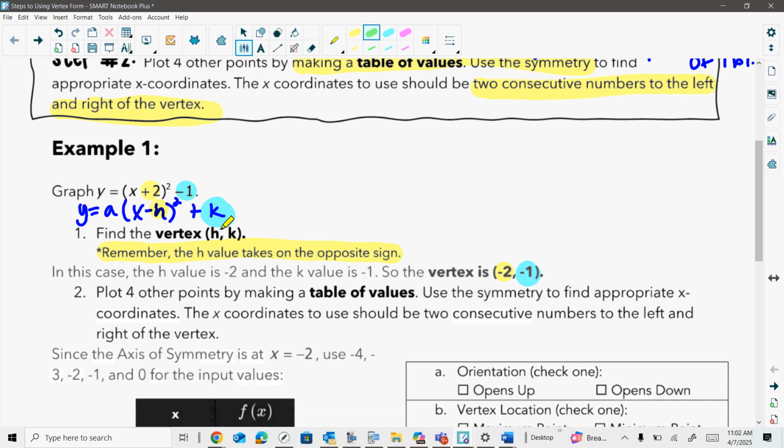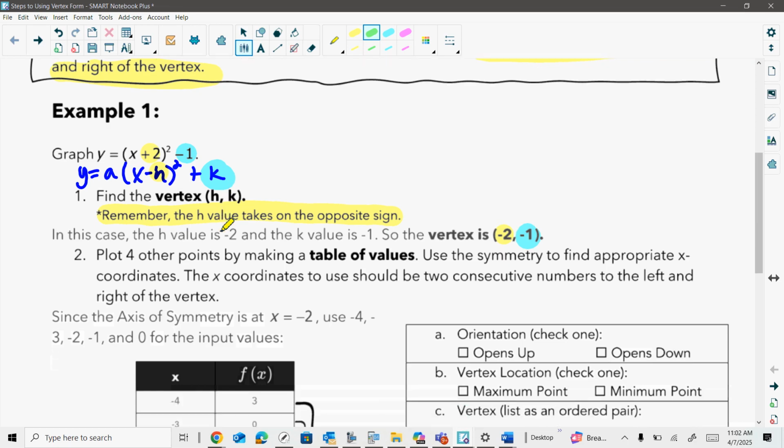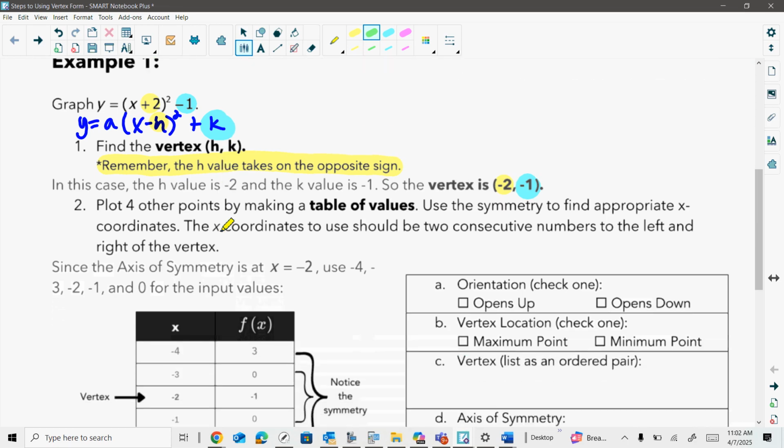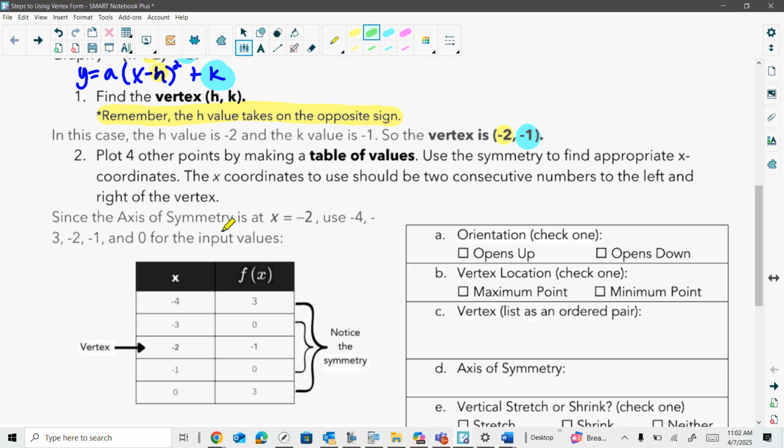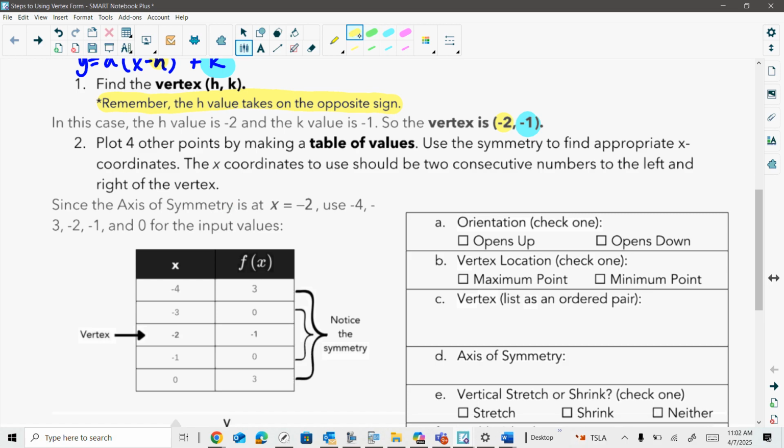Plot 4 points to make your table of values. They've already done that for us. So if you look down here, I'm just going to highlight. Here is the vertex. And right here, it says, notice the symmetry.